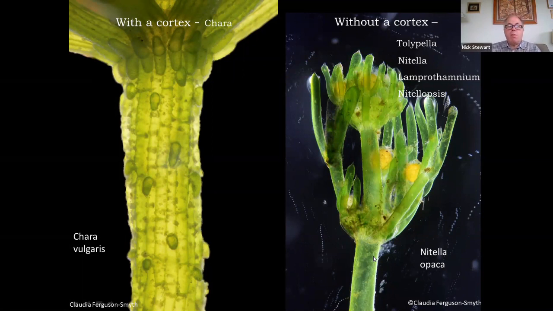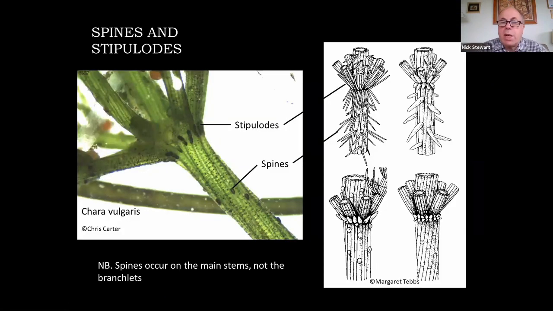So if we go around the Chara direction, we've got stem cortex, these stripes on the stem. The next thing to look at is whether there are spines and stipulodes. Deal with the spines first. You will only find those on the main stem.